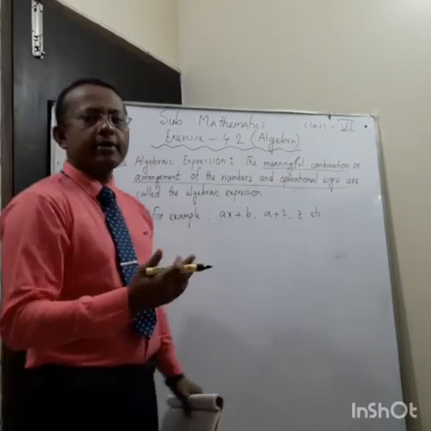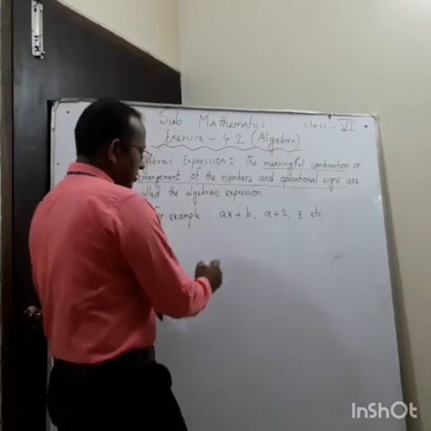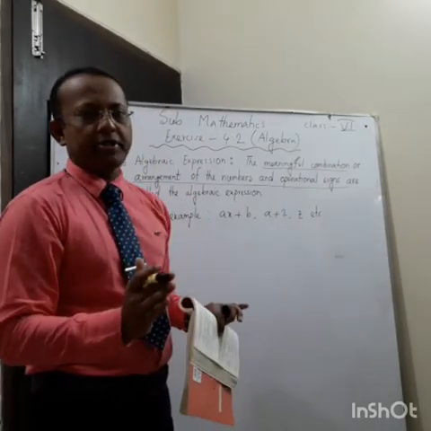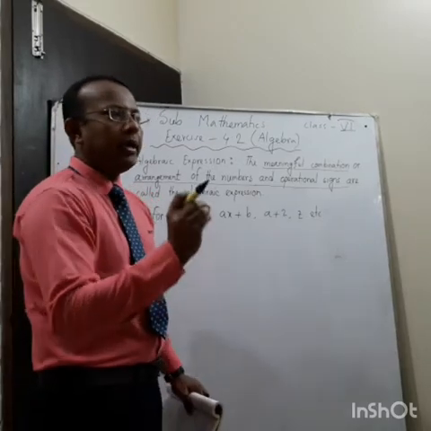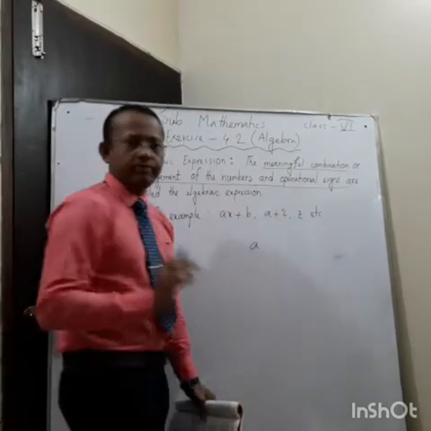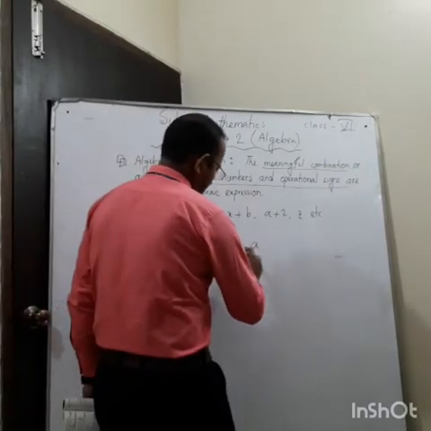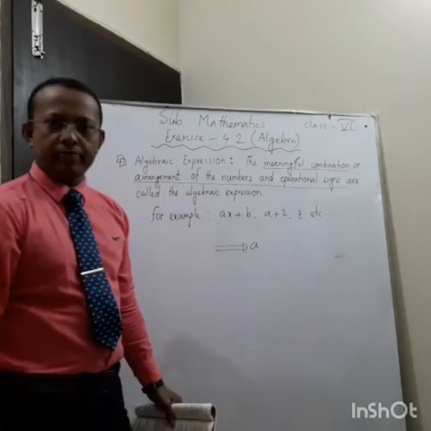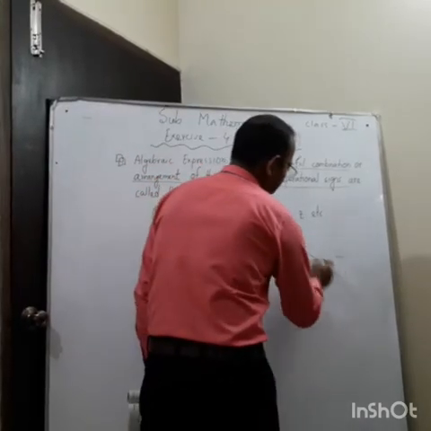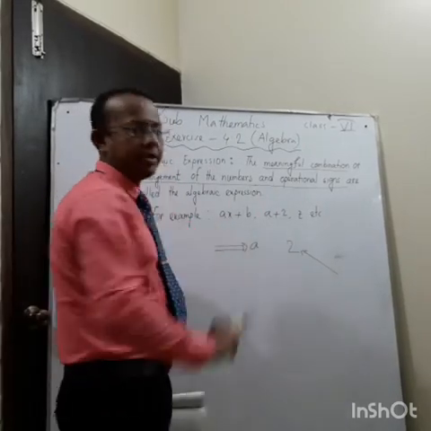In another sense, I'd like to define the algebraic expression in such a way that it must be an expression of a mathematical statement. If we express a mathematical statement by any literal symbol like A, we must say it is an algebraic expression. But 2 is not an algebraic expression, but A is an algebraic expression.